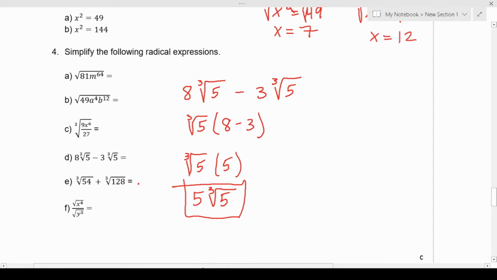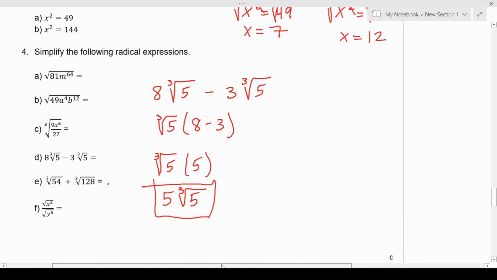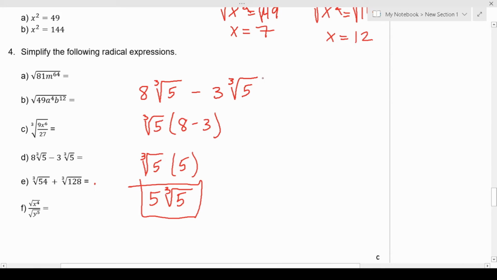Let's look at E now. E is probably one of the more challenging problems in this set of exercises. Okay, we have the cube root of 54 plus the cube root of 128. So the key to doing this one is to try to identify some cube roots of 54 and 128.